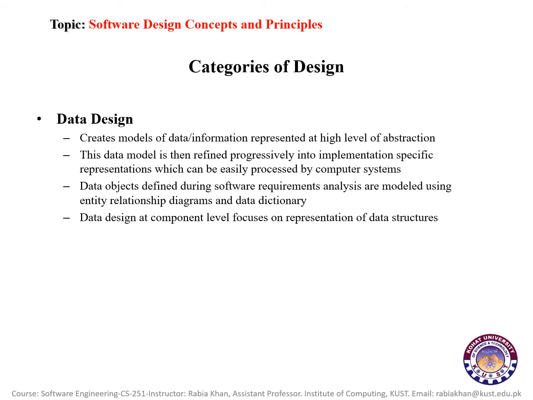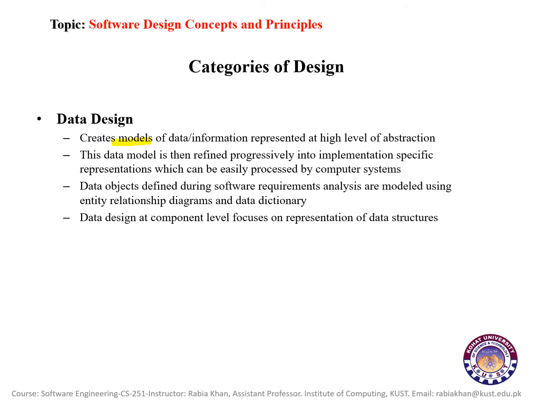So the first subphase of the design phase is the data design. Now, what is a data design? Like other software engineering activities, the data design, which can also be referred to as data architecture, creates a model of data and information that is represented at a high level of abstraction.